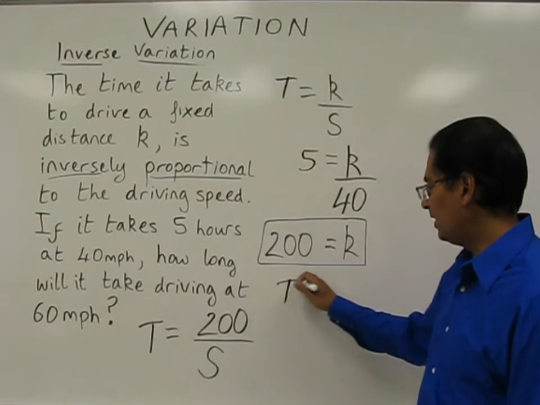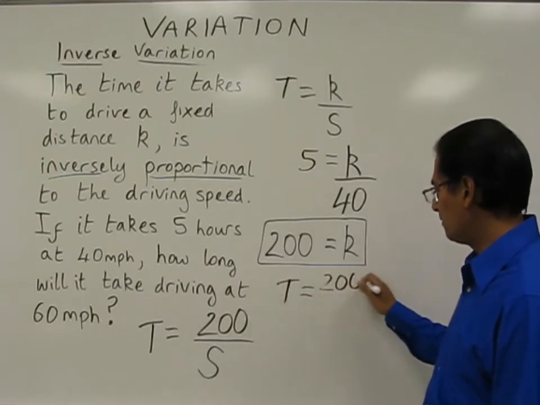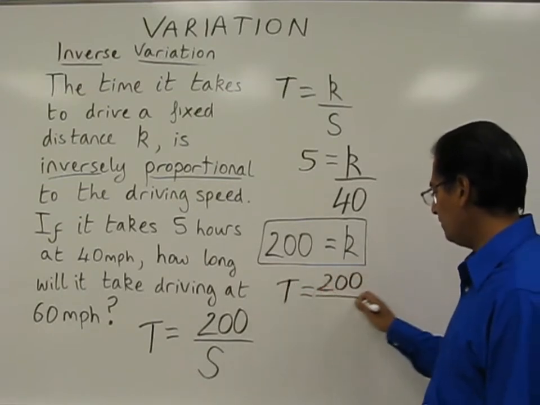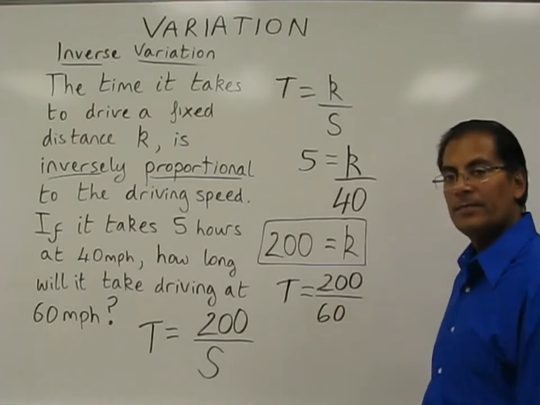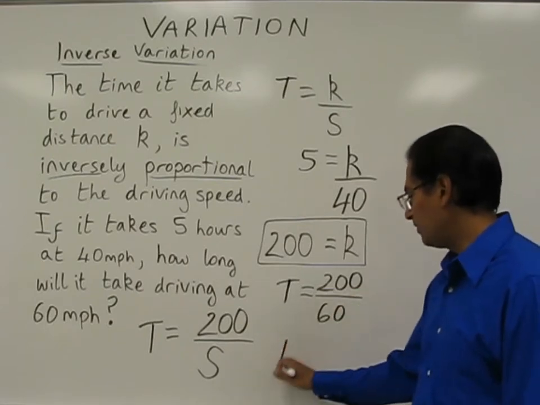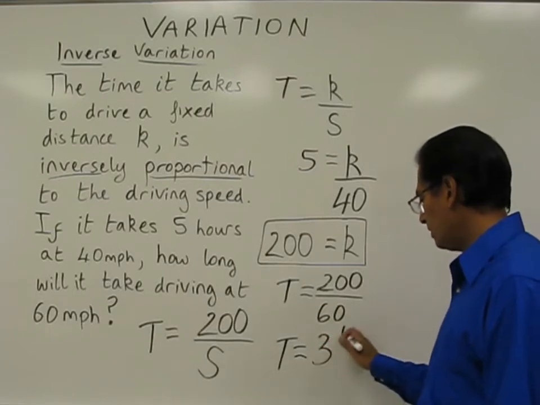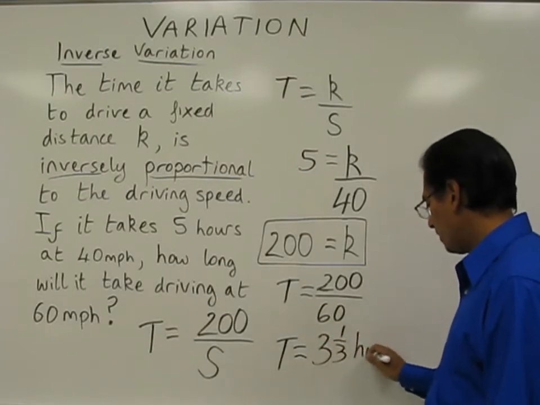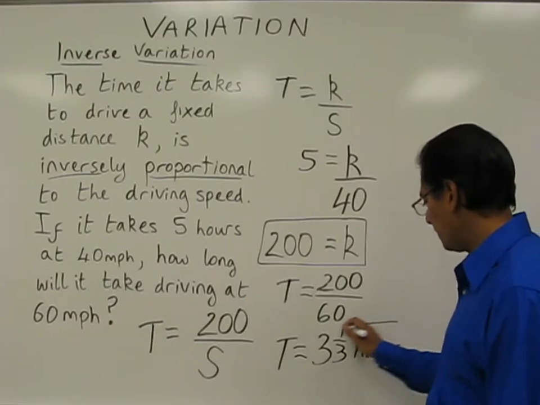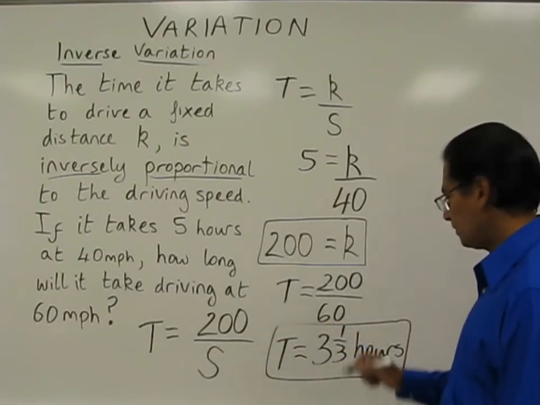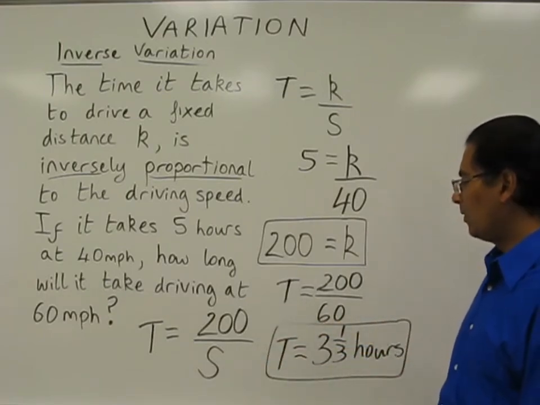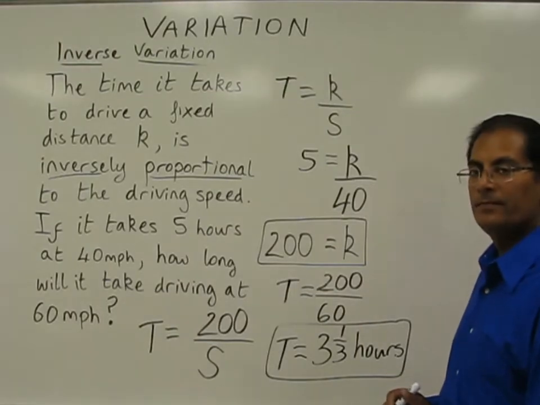So we'll have t equal 200 divided by 60. And 200 divided by 60 is approximately 3 1/3. And so it will take us 3 1/3 hours to reach our destination going at 60 miles an hour.